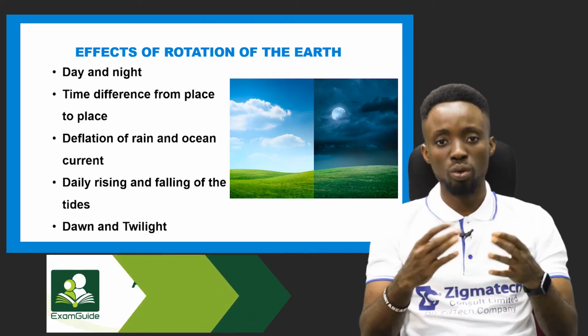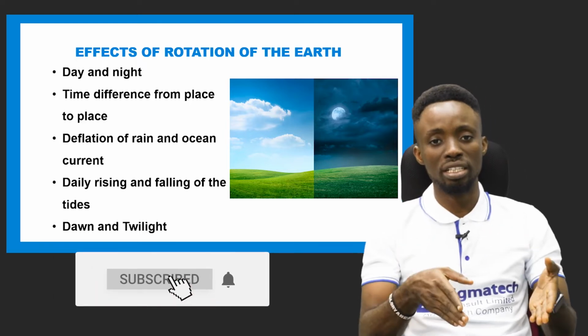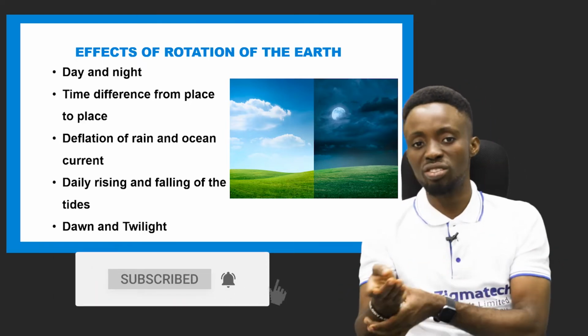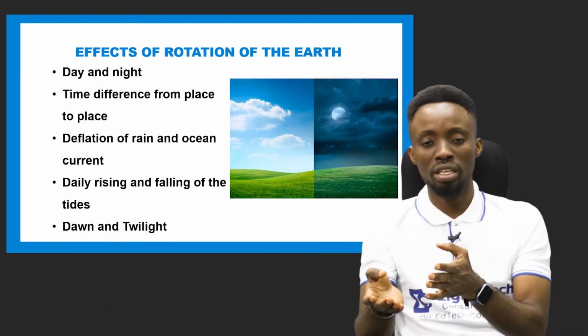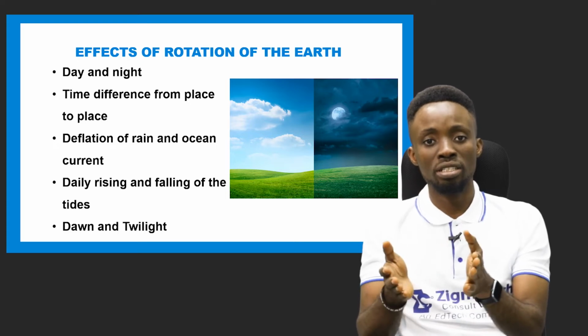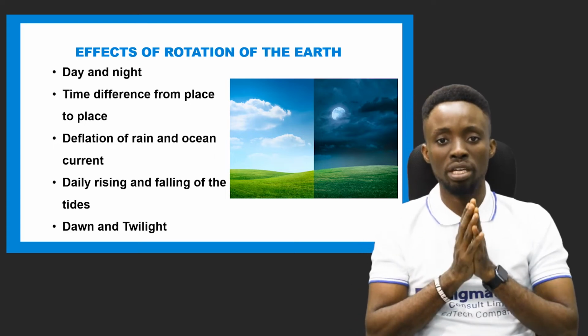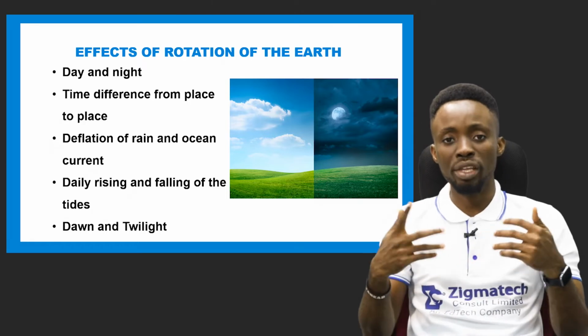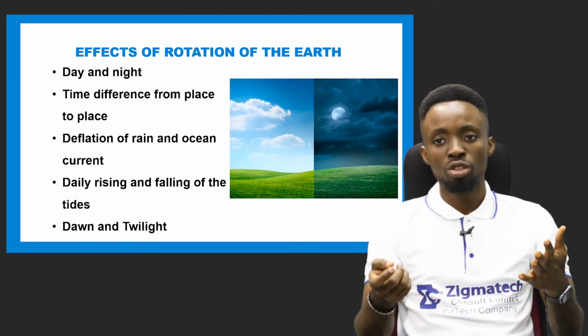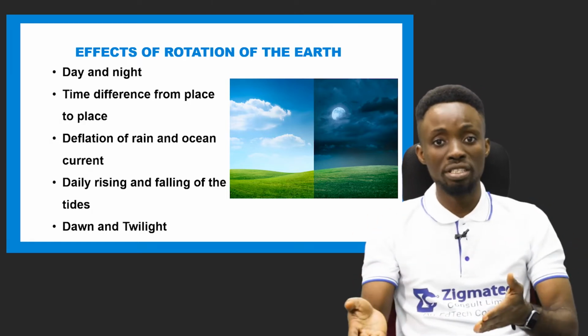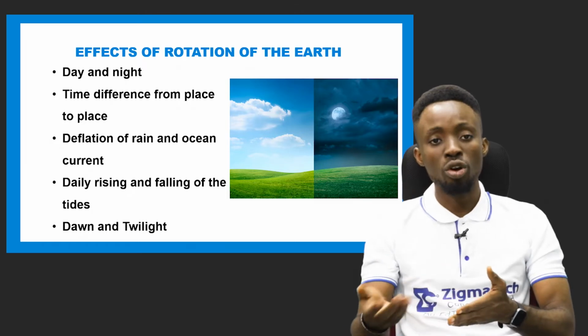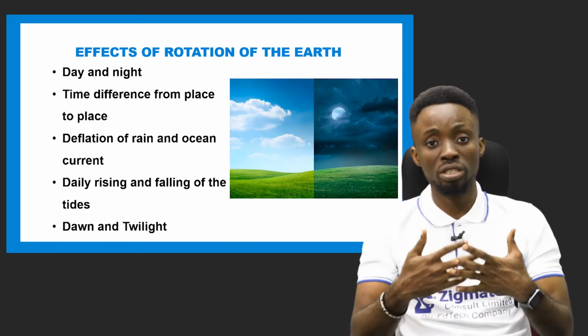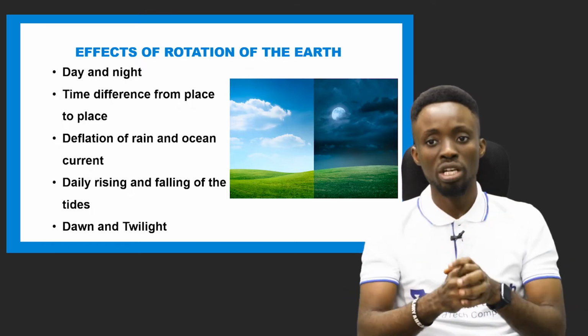So whilst we are in darkness, they are still experiencing daylight. Let's say this is 8 p.m. in Nigeria here. In New York City, the time there will be 3 p.m. So there will be a time difference, and we are also going to experience night while they experience day.